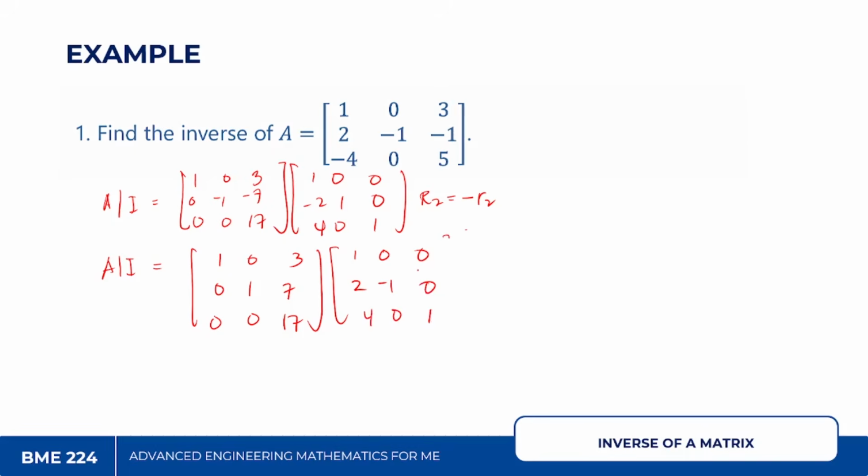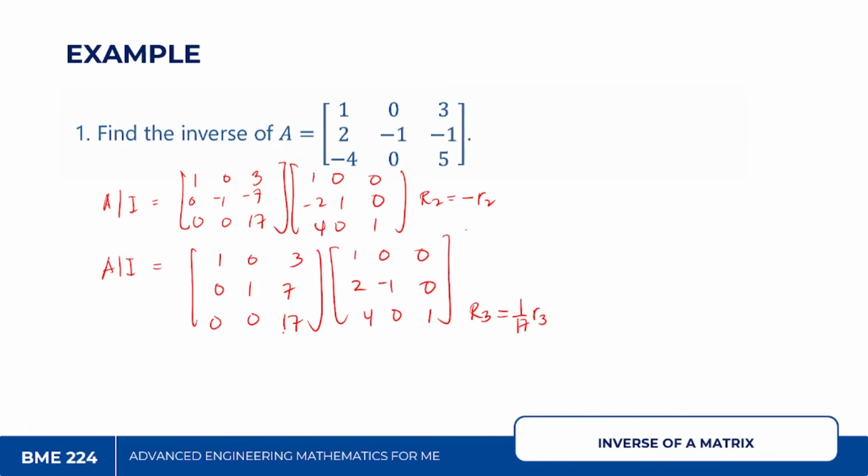And then, again, we still have to make this one 0, tsaka ito magiging 0 din. Okay, so ano yung magiging operation natin yan? Una, for this one, pwede natin gawin na yung original R3 will be, ay ito pala magiging 1 dapat. That is 1 over 17 lang ng original R3. Yung new R3 should be 1 over 17 ng R3 para magiging 1 ito.